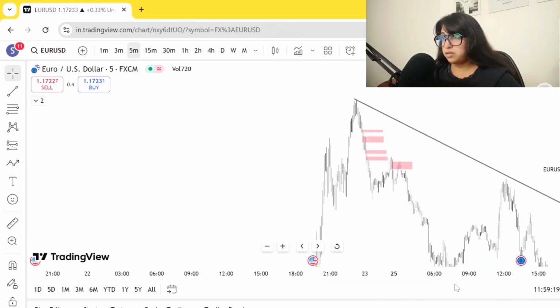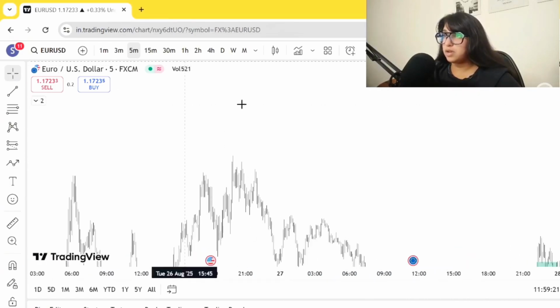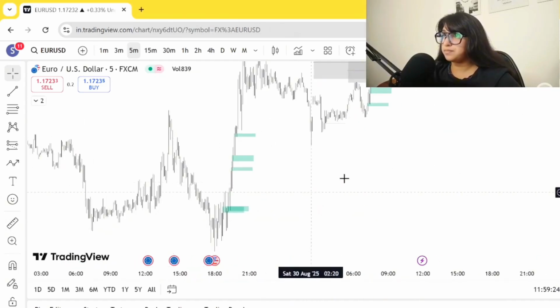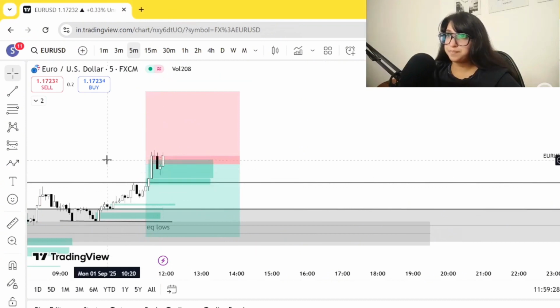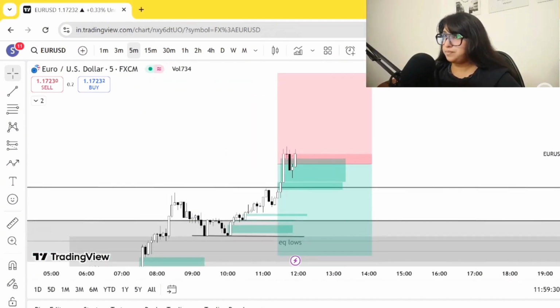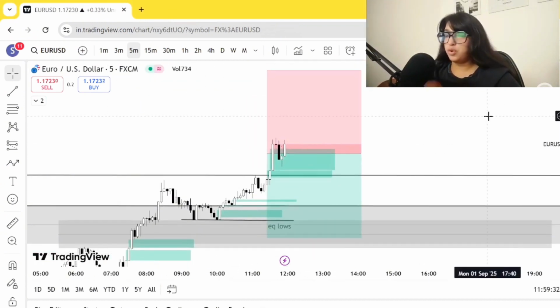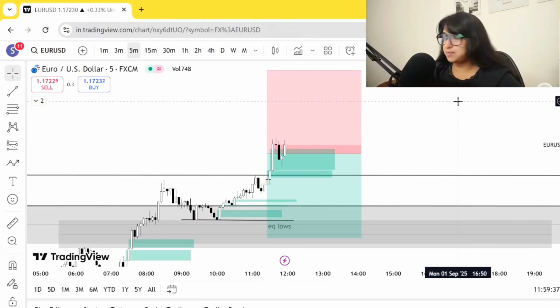If not, then most probably it's gonna be continuation. So we're gonna run this trade, and let's see what happens with this.